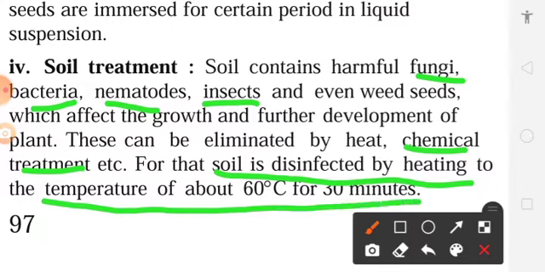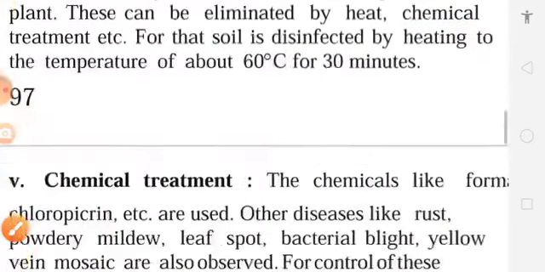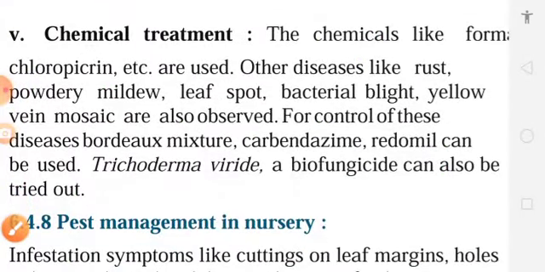That means before filling the pots and polybags, we have to disinfect the soil, otherwise soil-borne pathogens will cause different diseases and other problems. Chemical treatment can also be given.